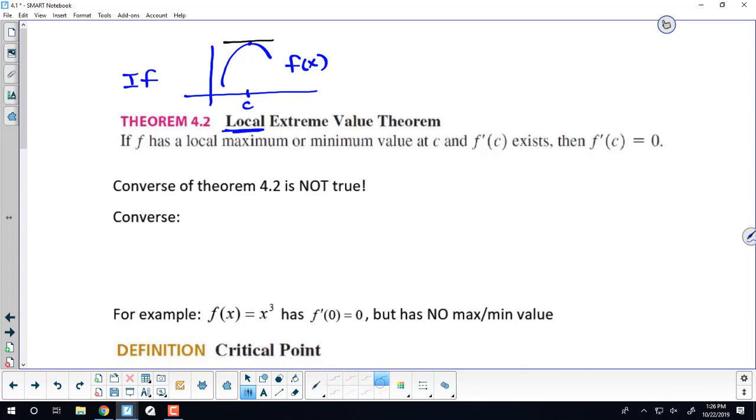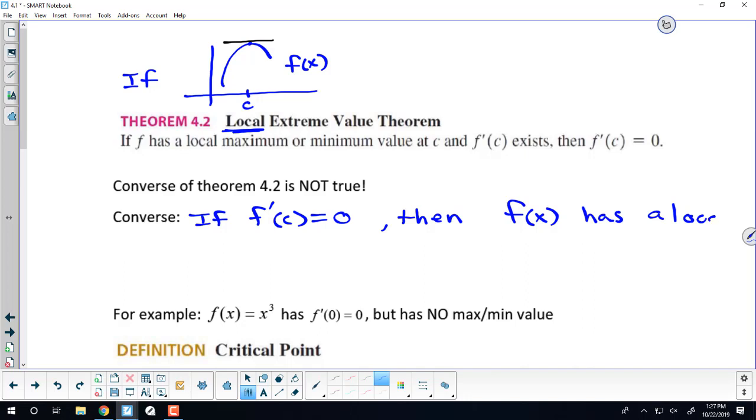The converse is that if f prime of c is equal to 0, then the function has a local extreme value.